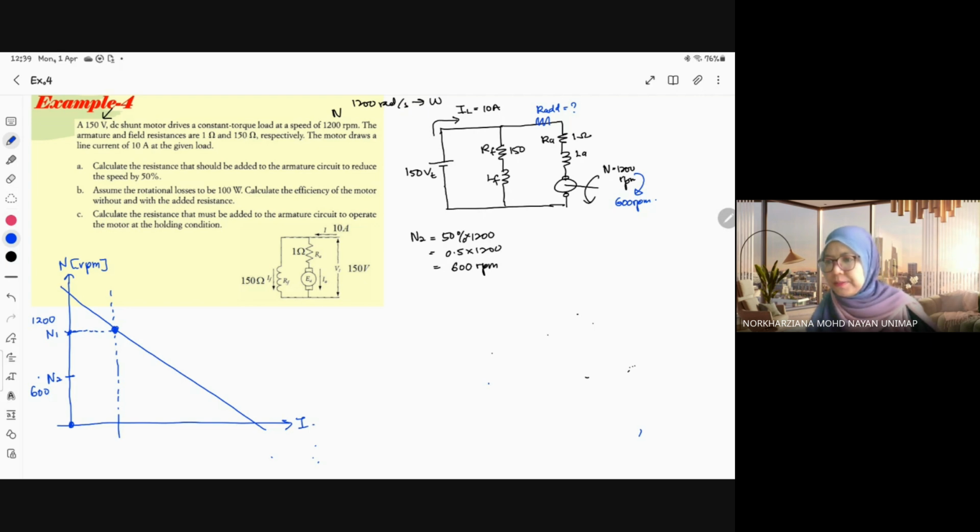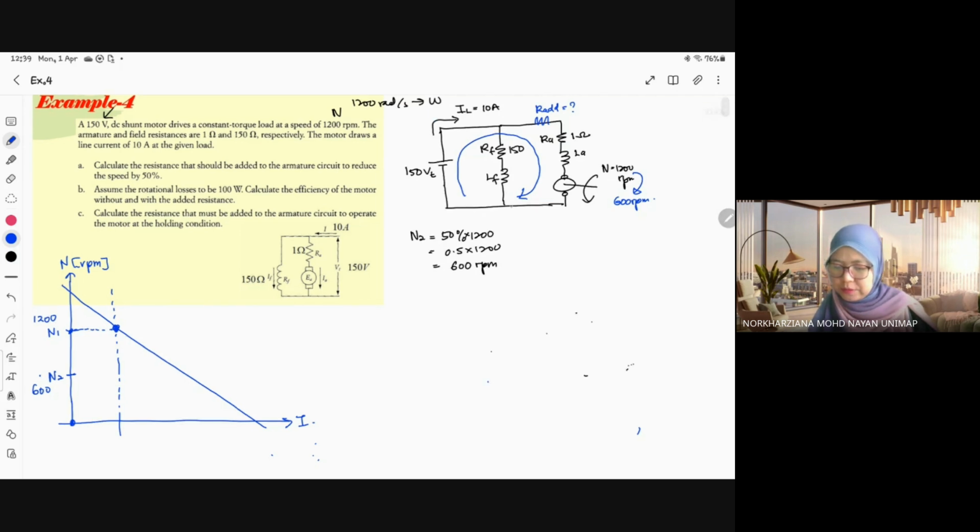Next, we look at the armature current, this loop. If you involve VT, and another one is here. Some references also recognize line current as motor current. Motor current means the current supplied to the motor.